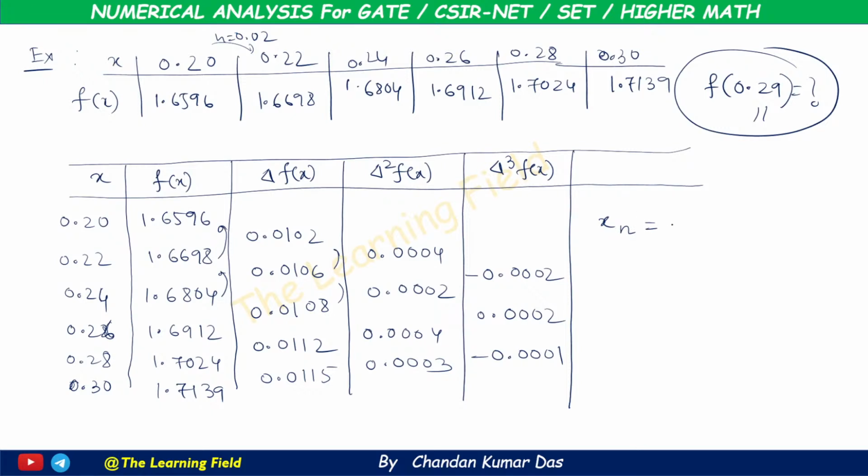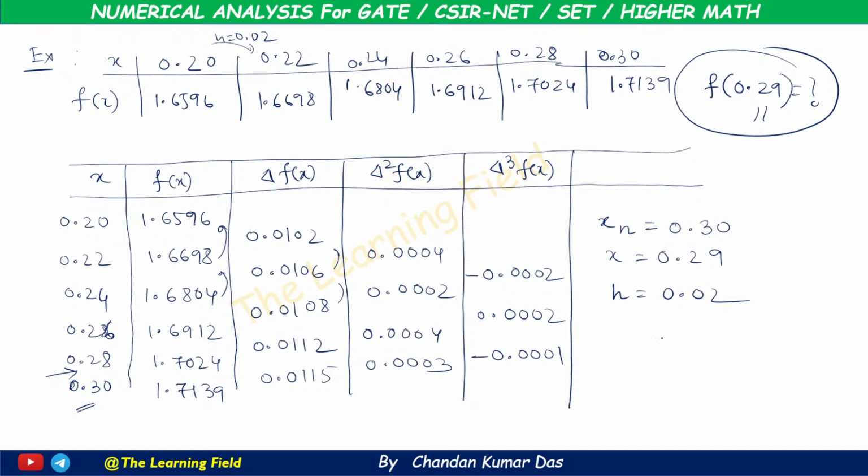We take xn equal to 0.30, since the value 0.29 lies in between these two. So xn equals 0.30 and x equals 0.29. And h equals 0.02, the difference between xi and xi plus 1.